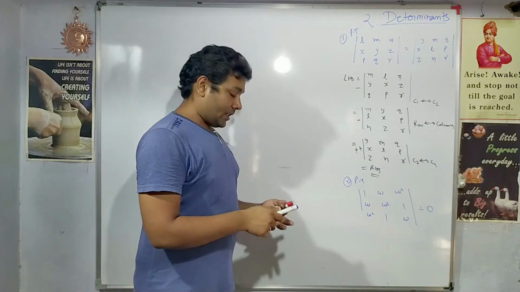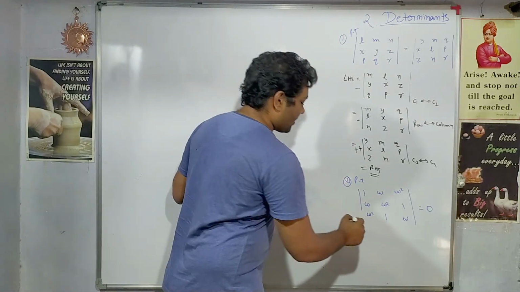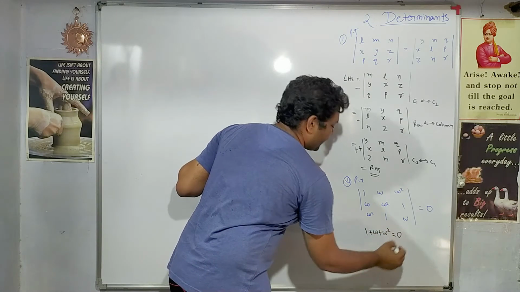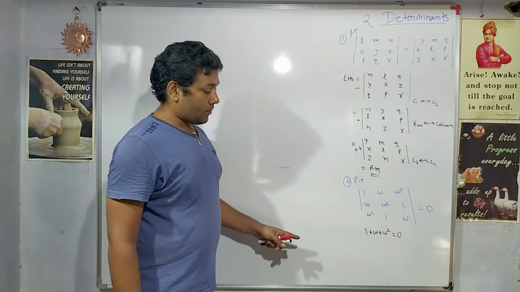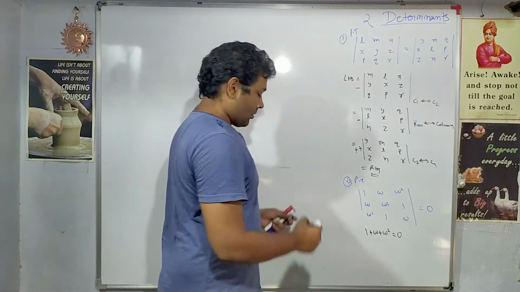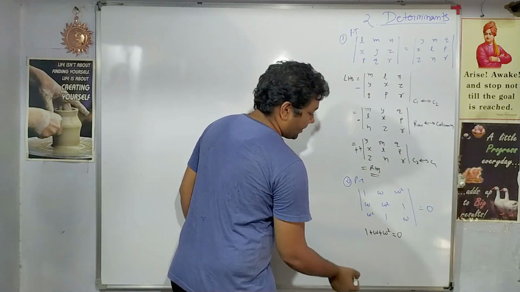Now if you recollect the knowledge of complex numbers, we had studied that the cube roots of unity, their addition is 0. Omega plus omega square plus 1, right, this gives 0. So let us try to arrange the determinant so as to obtain this form.